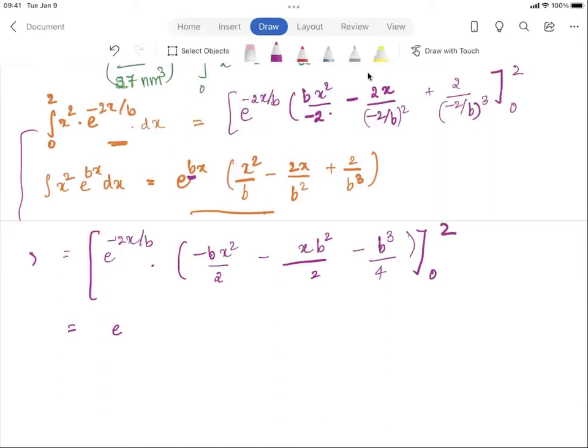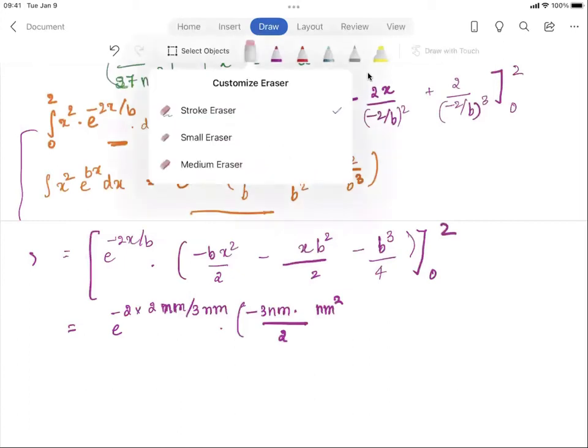That will be e to the negative 2 times 2 nanometer over 3 nanometers times, the value of b is given to be 3 nanometers. So negative 3 x squared, right? So 2 squared here would actually be 4.